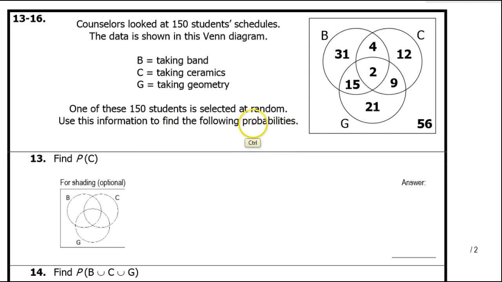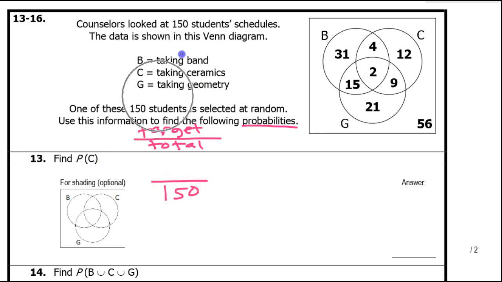So please remember, whenever I see the word probability, one phrase pops into my mind, and that is target over total. Because at its core, that's what probability is, target over total. So, probability of ceramics, probability of C. Well, we're told that the total is 150, so we can just start with that.